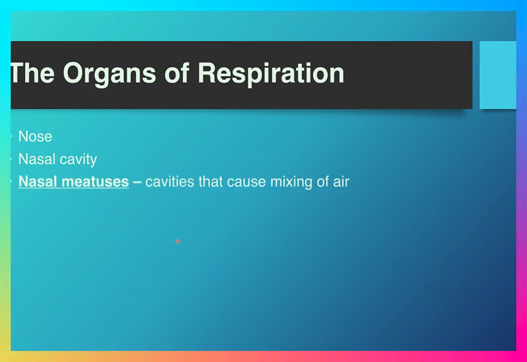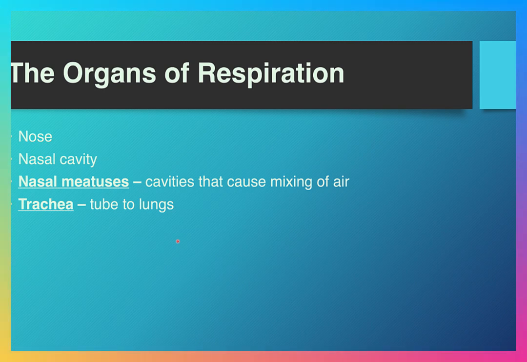And then there's also mucus in there which captures small particulate matter, which can ultimately be removed at another time. So the place where all this mixing occurs is called the nasal meatus.